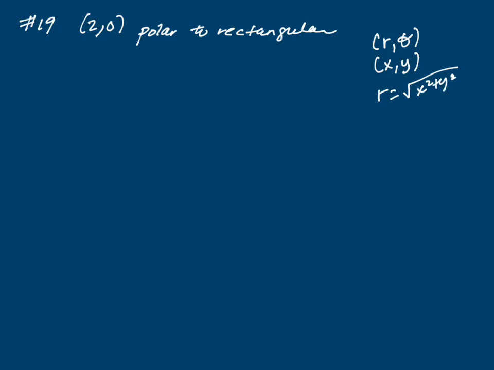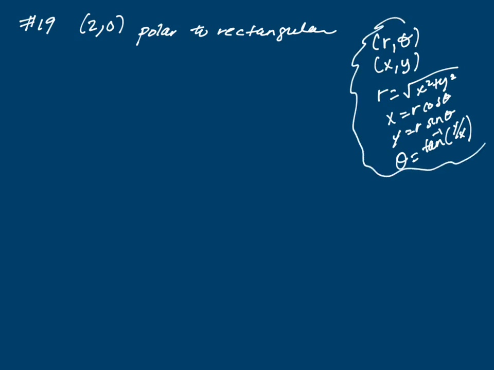We know that x equals r cosine theta and y equals r sine theta, and we know that theta is the inverse tan of y over x. So we know all these things, and it helps us. So memorizing this information right here will really come in handy.